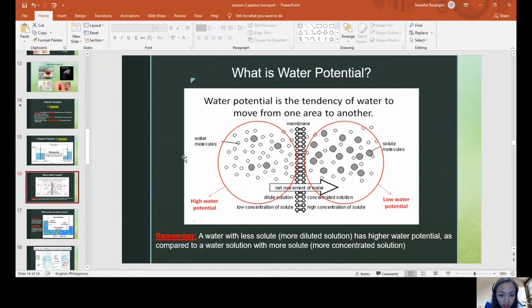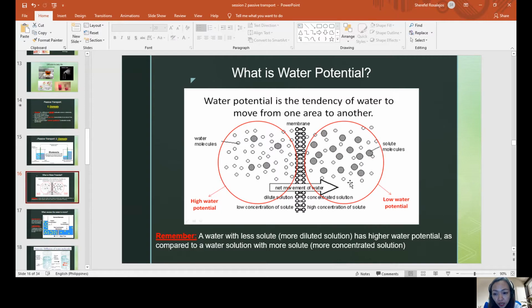So this region, we can say it has high water potential kay mubalhin man ang mga tubig diri to the other side, kay daghan man ang solutes diri. Ang tubig mubalhin pa dung sa region where there are plenty of concentration of solute molecules.